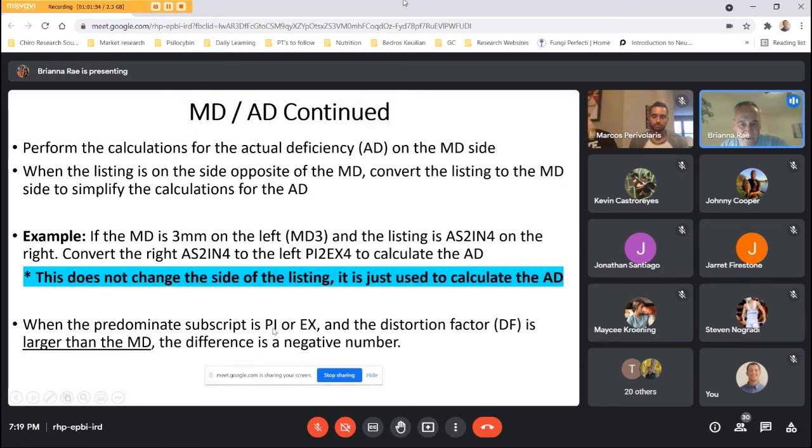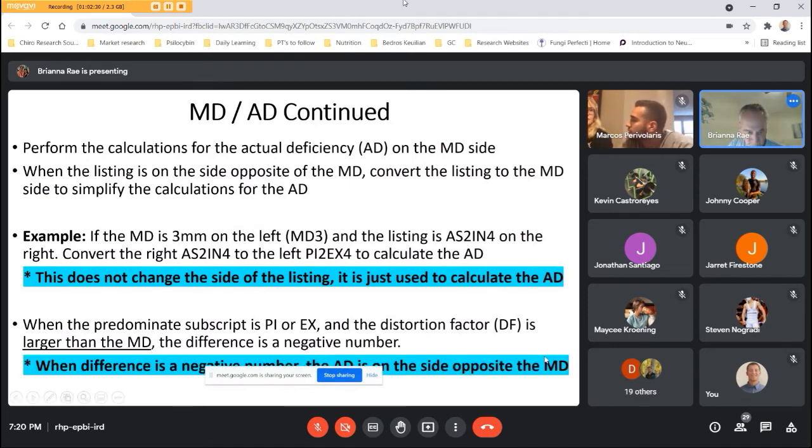After we did the calculations, we ended up needing to raise the femur head 4 millimeters. That's more than the MD, so that would create a negative number on the left side. In actuality, the AD got flipped over to the right side. Anybody not understand that? So far, so good. Okay. So when the difference is a negative number, the AD is going to be on the side opposite the MD.